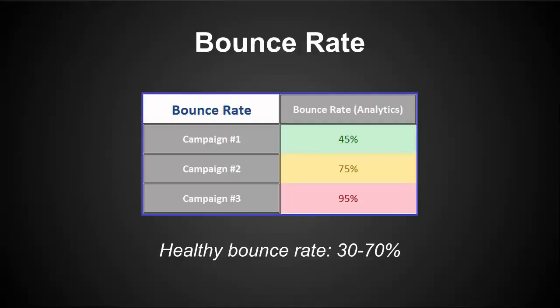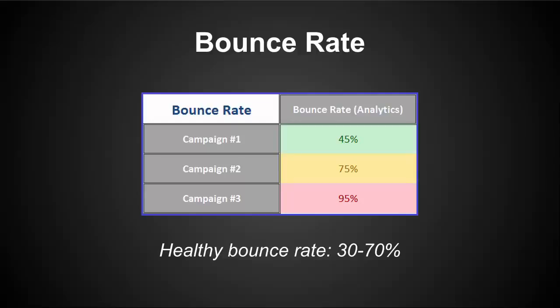The reason I don't say 0 or include anything below 30% is that almost never happens. You'll see some sites, like brand name keywords, will have bounce rates that low, but typically speaking, for any generic term campaign, you're going to see a healthy bounce rate land anywhere between 30 to 70%.